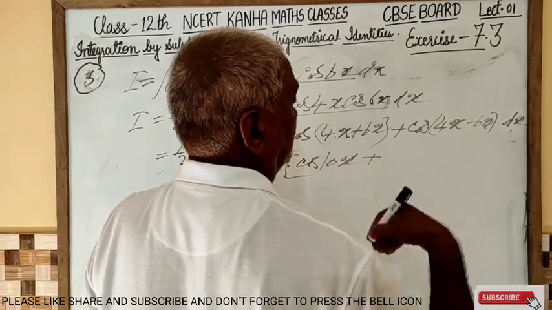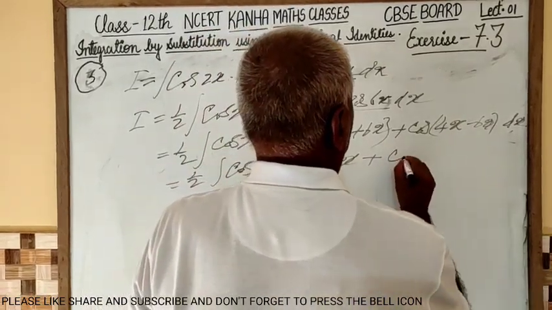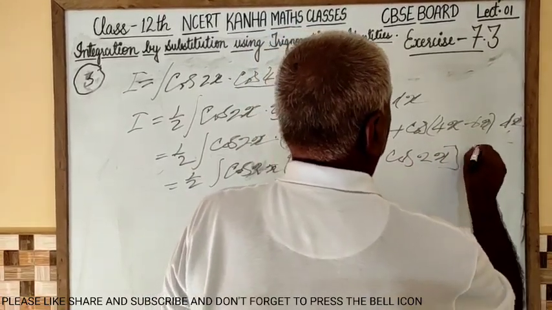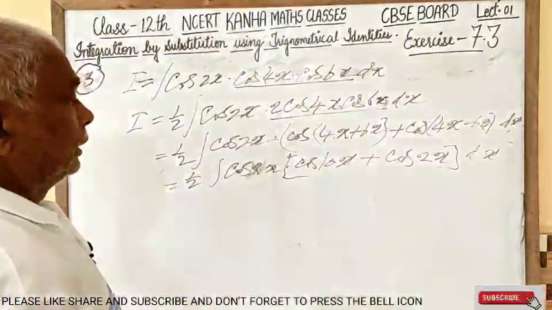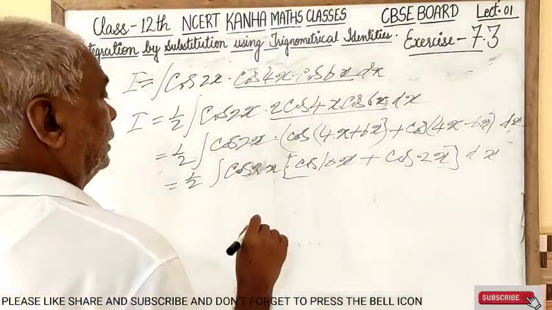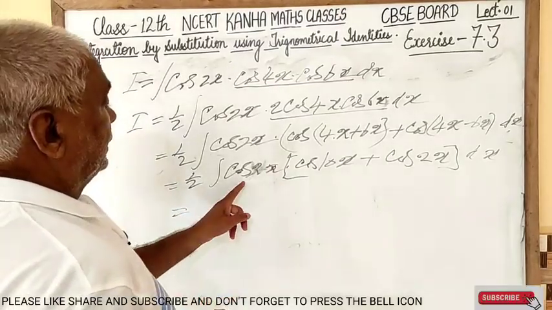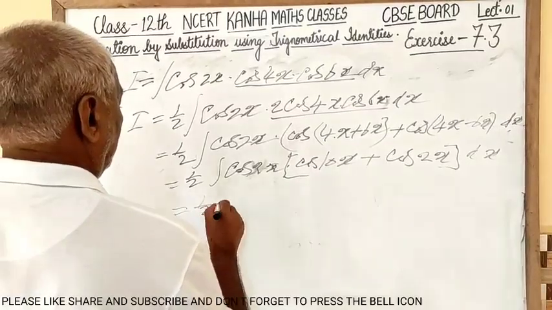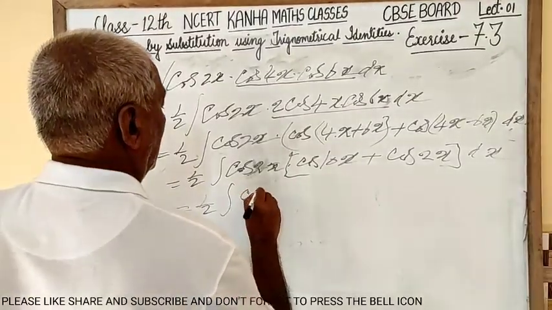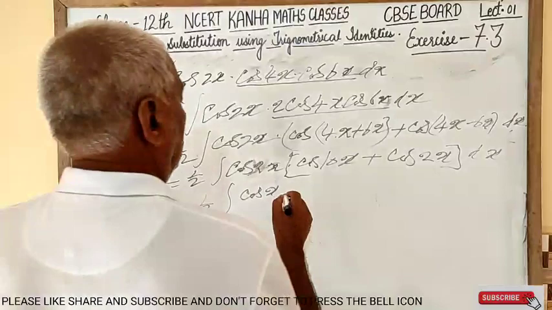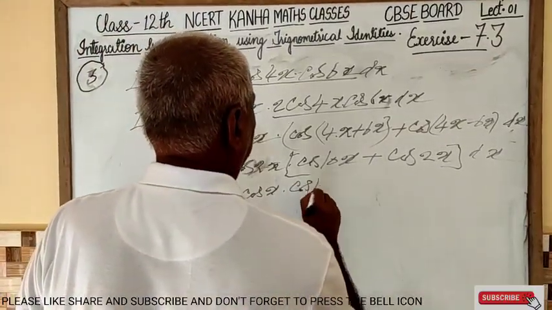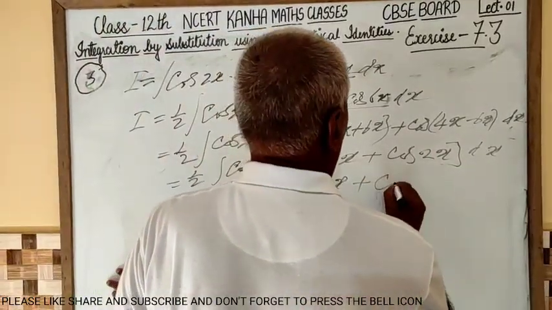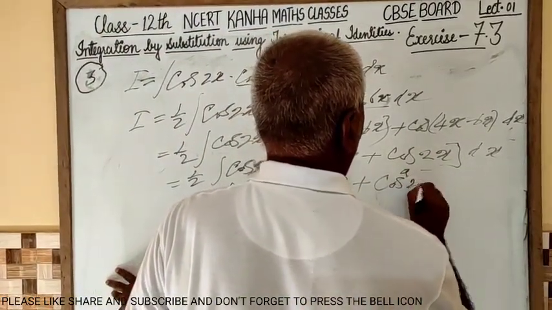Cos of minus theta is equal to cos theta, hence it will become cos 2x dx. Again we will multiply by cos 2x in each term, and it will be equal to cos 2x into cos 10x plus cos 2x into cos 2x, cos square 2x.